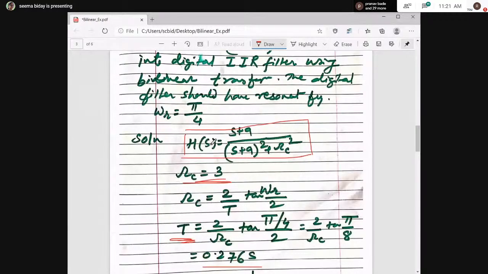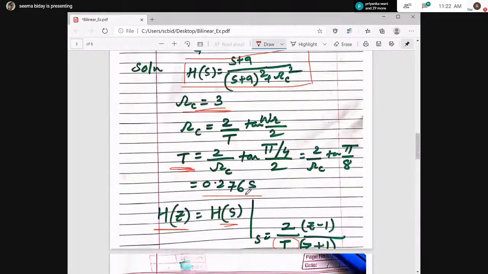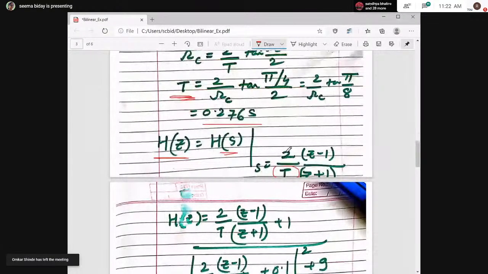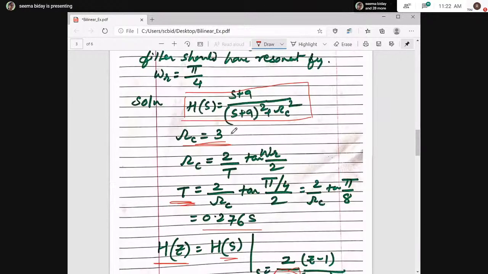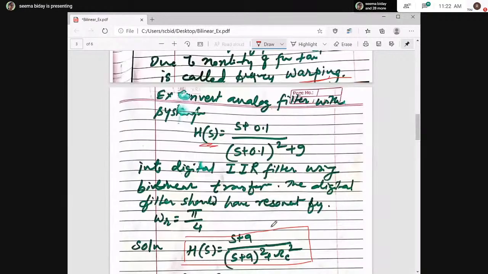Again I am telling, for converting H of s to H of z, simply replace s by 2 by T, z minus 1 divided by z plus 1. That's all. Now for replacing this, we don't know capital T here, so we need to find out capital T, whatever data is given to you.